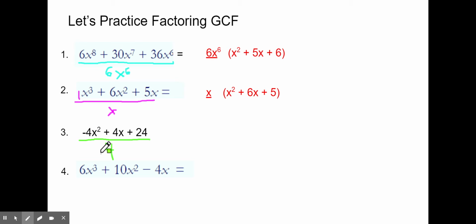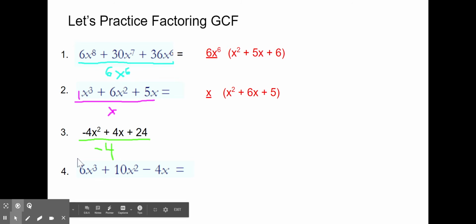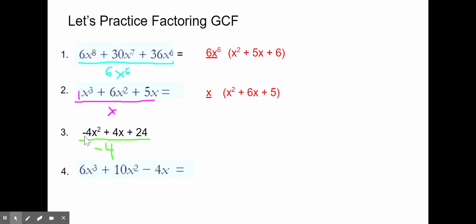But because that lead coefficient is negative, we're going to divide each of those terms by negative 4. Therefore, we're going to change each of these signs, and the lead coefficient will now change from negative to positive. I don't really care that the other two terms change to negative, as long as the lead coefficient is positive.